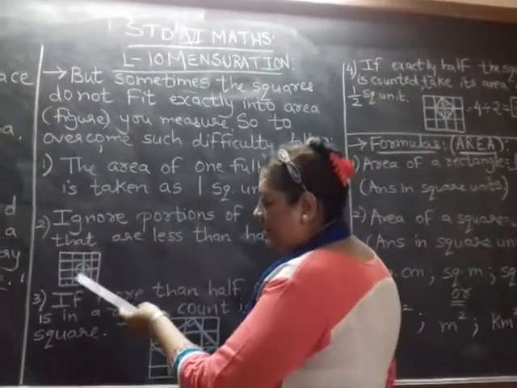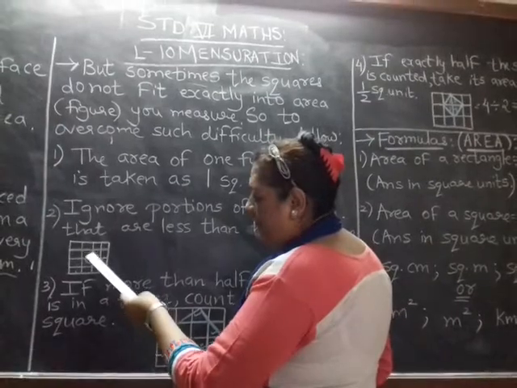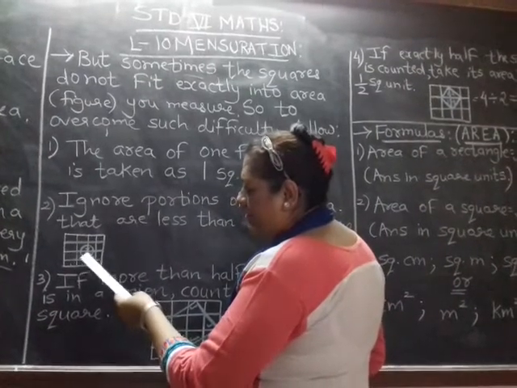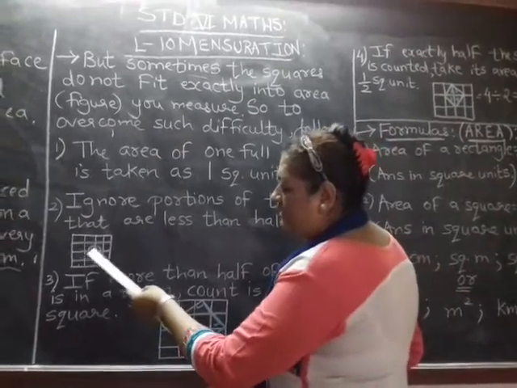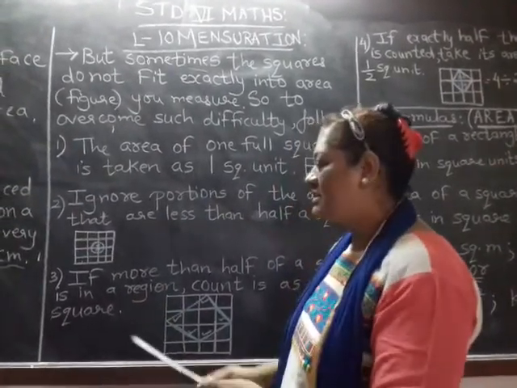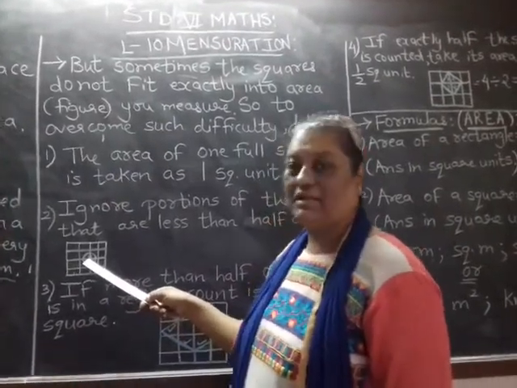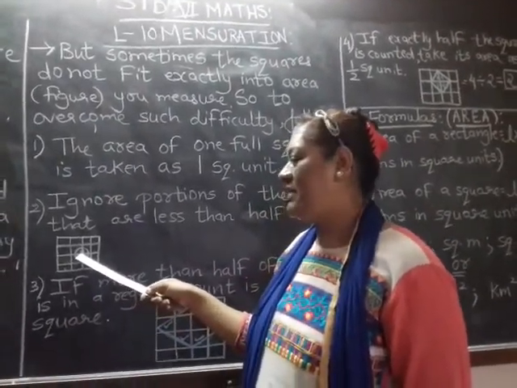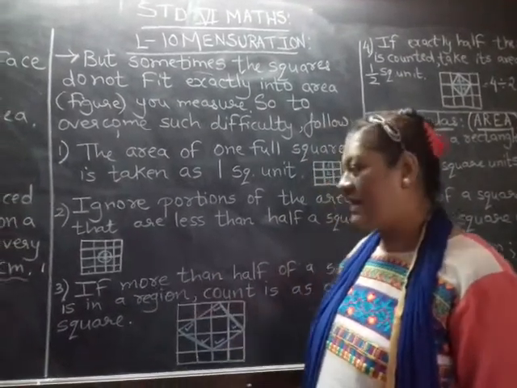As you can see here, this is not covering half of the squares. I had not drawn a figure that divides a square into two parts. It is less than half the square. So such squares, when covered less than half, we are not supposed to count while calculating the sums of area.